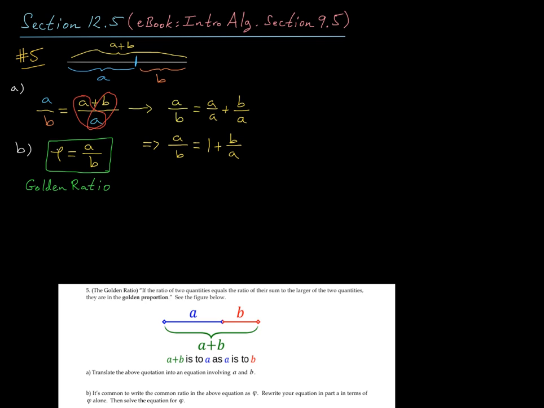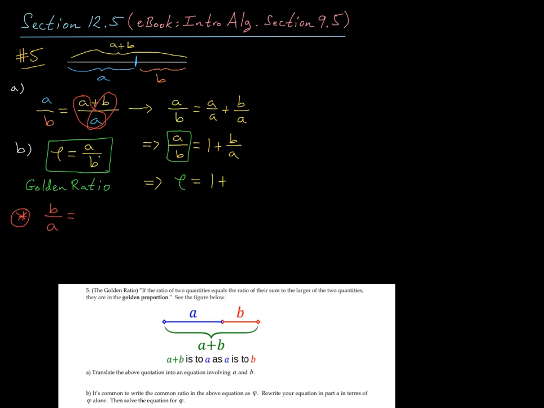All right, and now, what do we know? Well, what are we calling this ratio, A to B, the long piece to the short piece? That's just phi. So on the left here, I can replace where I see the A over B with this special Greek symbol phi. And so then what am I going to get over on the right? I have 1 plus, and then I have B over A. And notice, this is kind of the big key insight here, is that if phi is A over B, okay, then what is B over A?